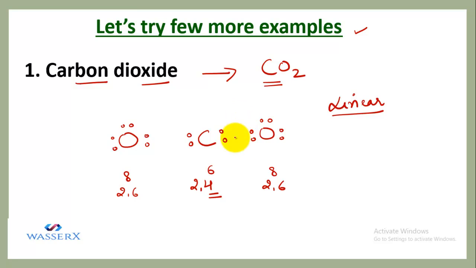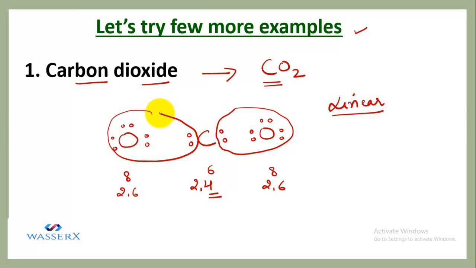So let's take the oxygen first. It already possesses 6 and 2 it is sharing from the carbon atom. So this is how the oxygen becomes stable and achieves its octet. Similarly in this case, 6 electrons, 2 more, and it forms the stable oxygen atom.